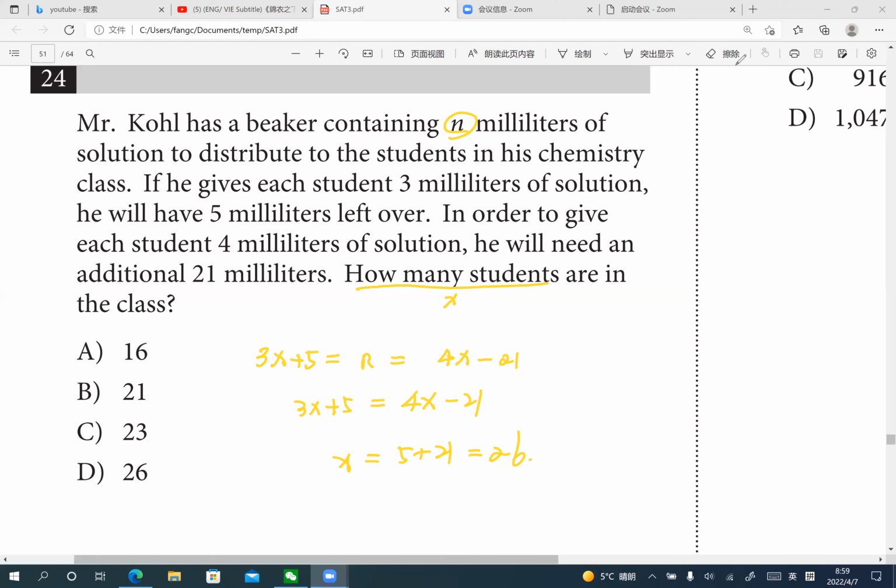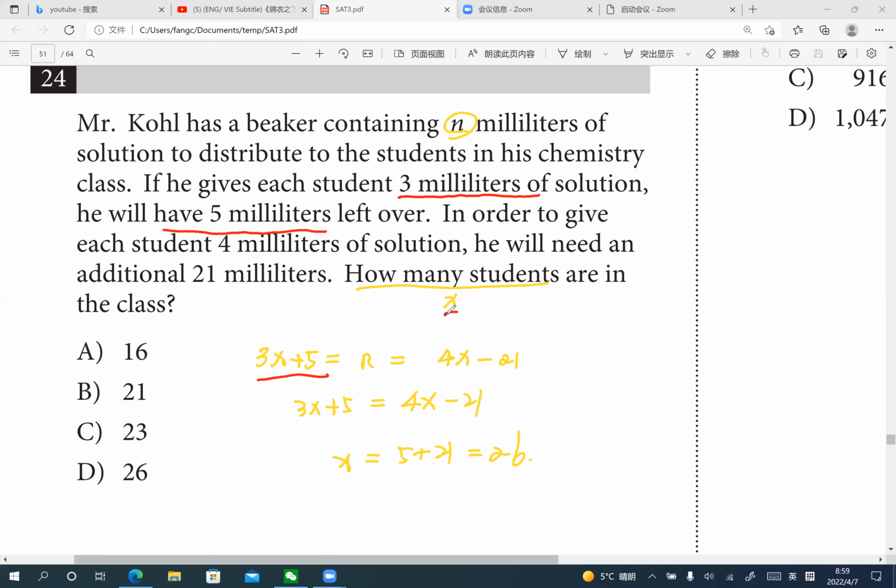From the given information, if he gives each student 3 milliliters of solution, he will have 5 milliliters left over. If we want to use an expression to represent the total amount of solution, we should use 3x plus 5, because each student gets 3 milliliters.